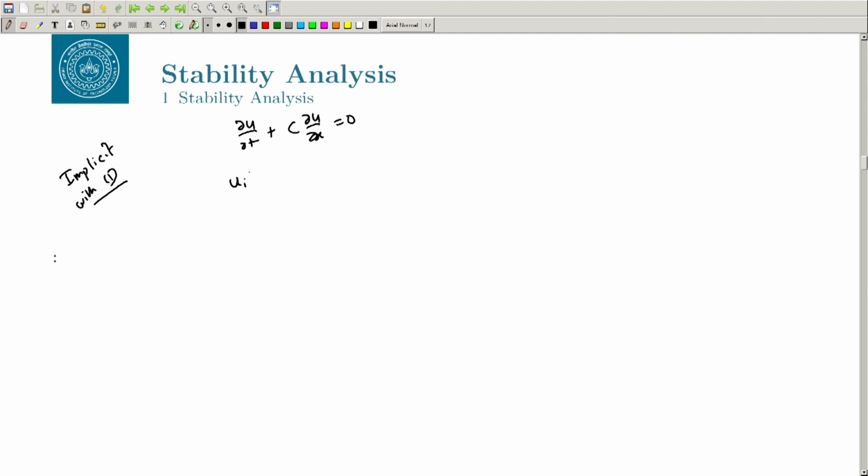So, this will become u I n plus 1 minus u I n by delta t plus c times u I plus 1 at n plus 1 minus u I minus 1 at n plus 1 by 2 delta x, right. So, because this is implicit, you have both these terms at n plus 1, right, and we are trying to analyze this scheme for stability.